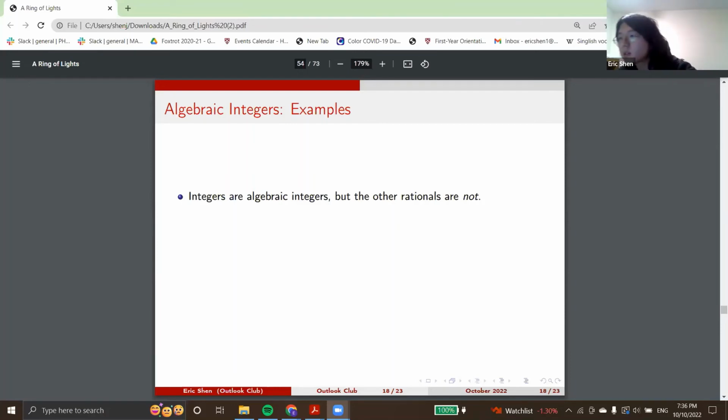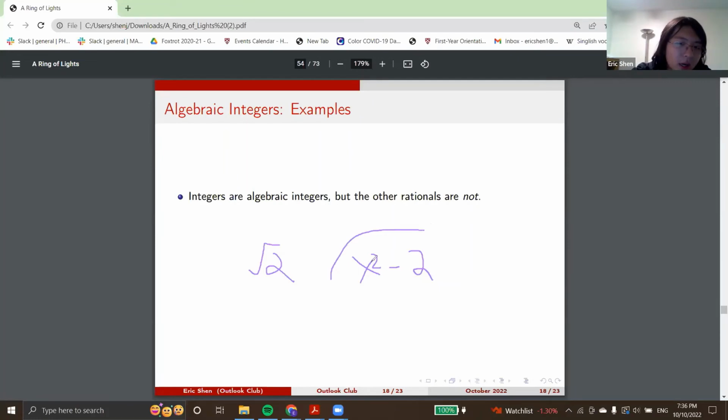Okay, the answer turns out to be yes. We already knew that root 2 is a root of x squared minus 2. This is how we knew it was an algebraic number. But wait, the leading coefficient here, the coefficient of x squared, is just equal to 1. We just have an x to the n, we don't have x to the n multiplied by something like 3. So yes, root 2 is in fact an algebraic integer.